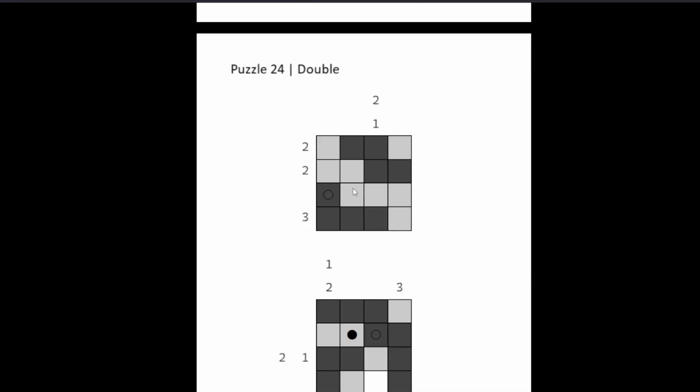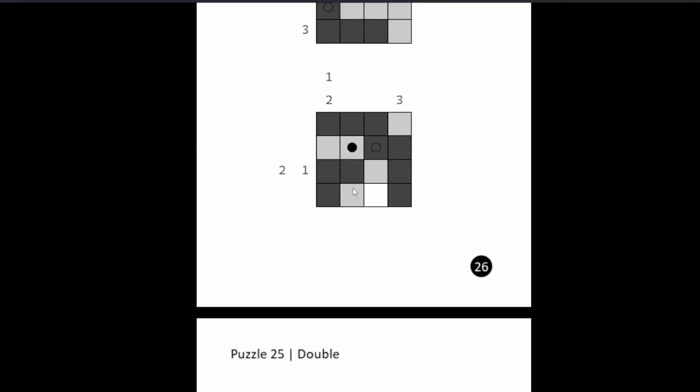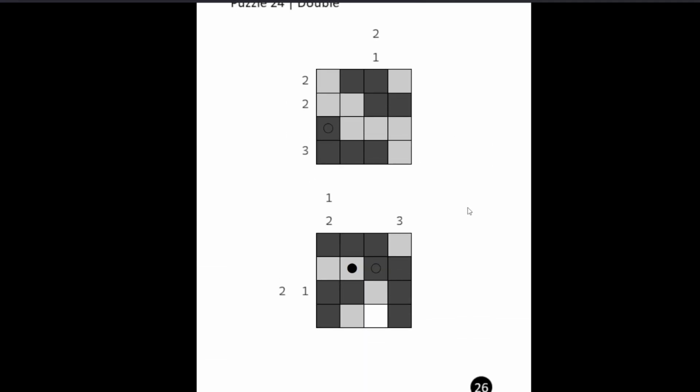And now, right, there's this problem. This is a real humdinger. I don't even know what a humdinger is. But what the heck is going on here?